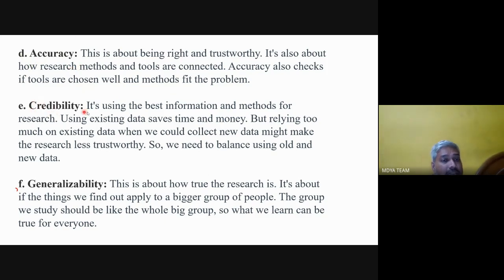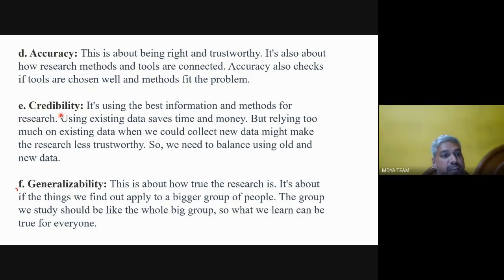Fifth one is credibility. Credibility means, just understand with a real life example: if you go to a police station, there is always one source who gives information to the cops. He always gives right information to the police. So when you ask which source is credible, they can give you the name of a particular source who is always giving right information, or who is very trustworthy.